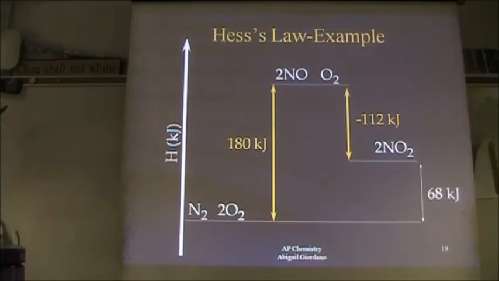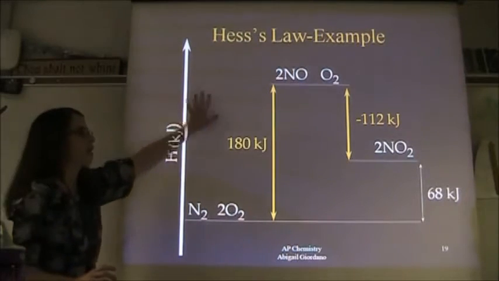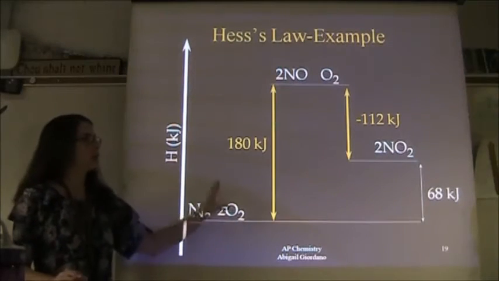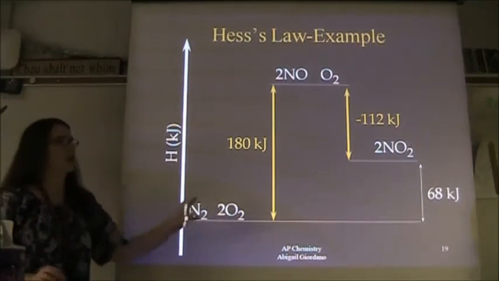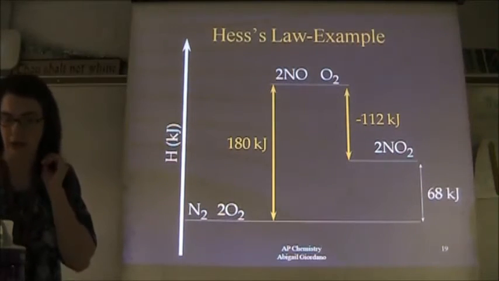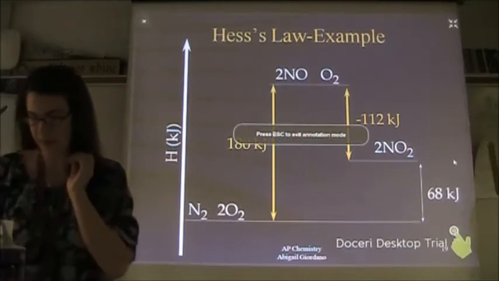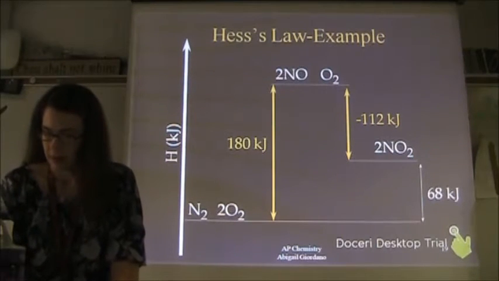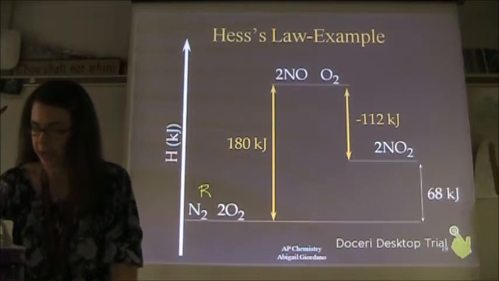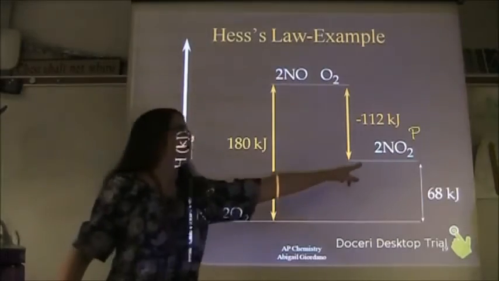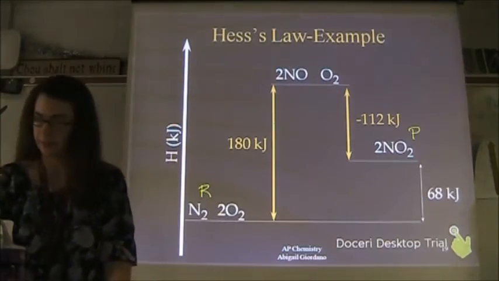All right? Now this is an energy graph. If you're not entirely sure what's going on here, let me draw something on here that might make it look a little bit more familiar. These are my reactants, my original reactants. Here is my final product.